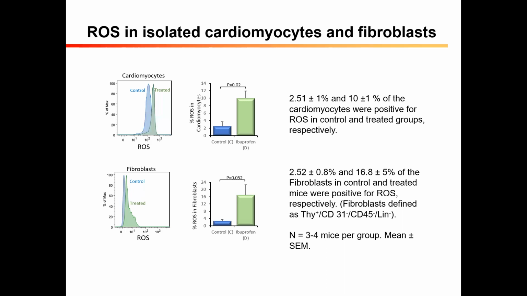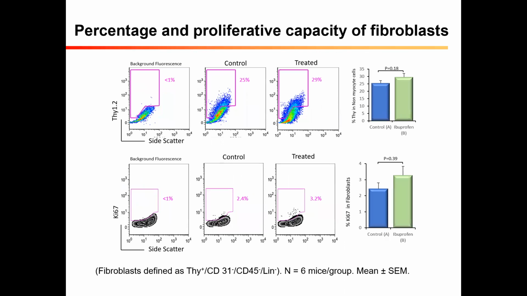Not just that, the fibroblasts in those hearts also have huge increases in ROS. If we look at the proliferative capacity of fibroblasts, we see there's a trend towards an increase, but it wasn't statistically significant. So the fibroblasts seem to be able to proliferate. They just are producing a lot of ROS, just like cardiomyocytes.